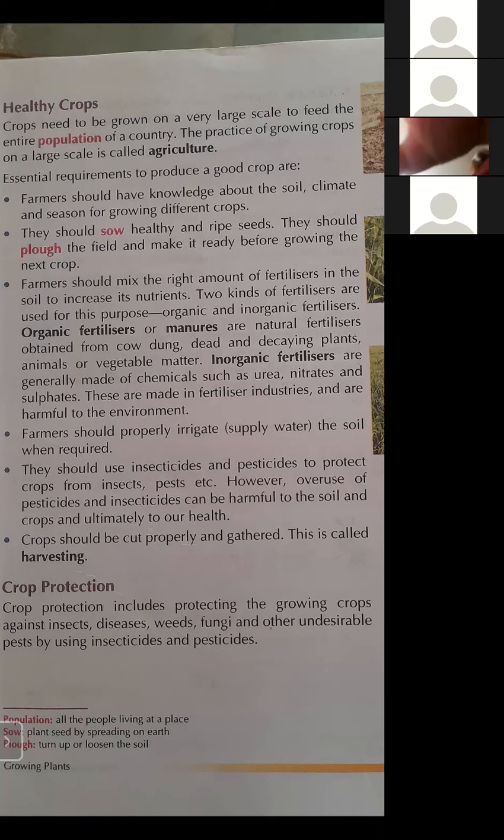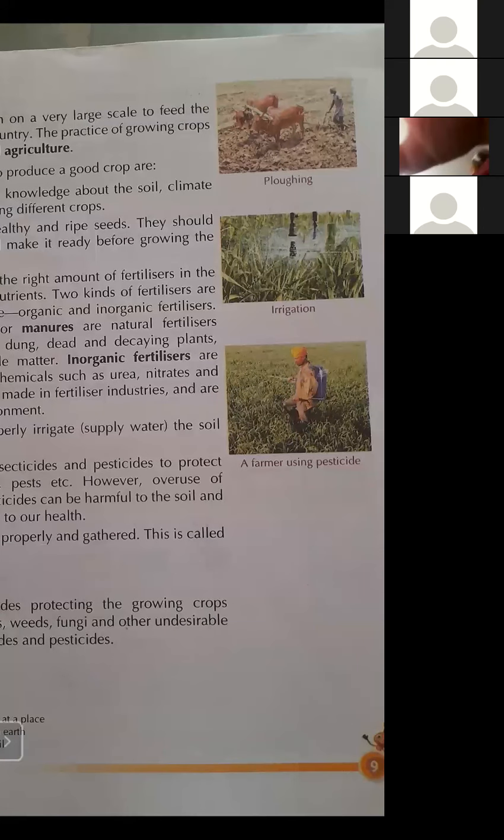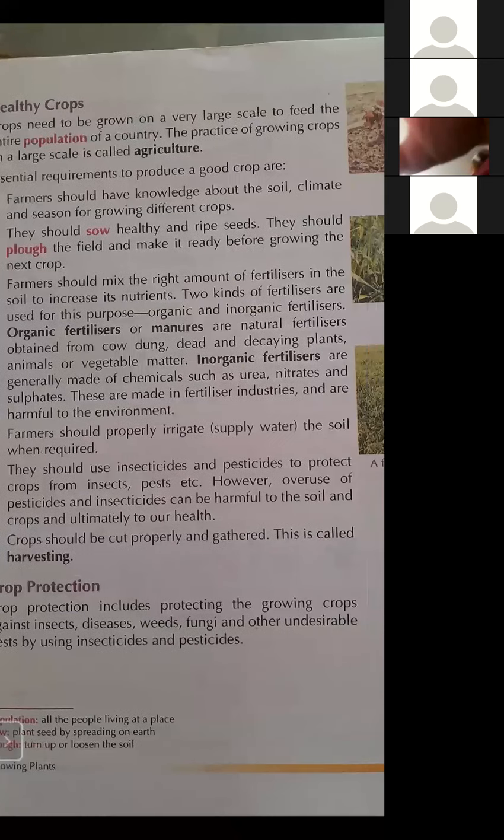After that, we learned about harvesting. What is harvesting? Cutting of the crop is known as harvesting. What is irrigation? Giving water to the crop by the farmer in their field is known as irrigation. What are pesticides and insecticides?